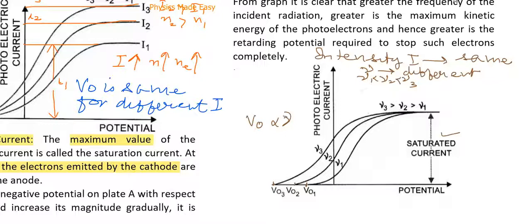This I have drawn, this is nu. And stopping potential is not proportional to intensity. It is independent of intensity, but directly proportional to the frequency of incident radiation. Now, the energy of a photon is given by this.